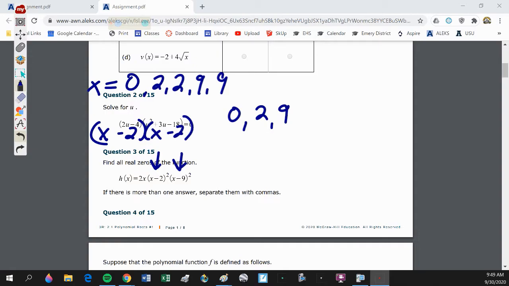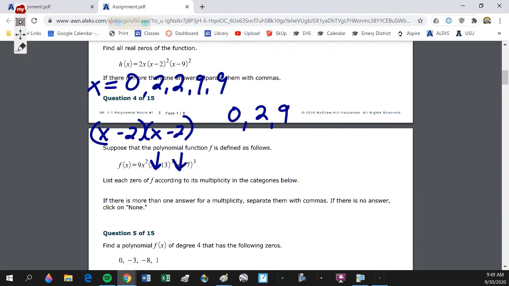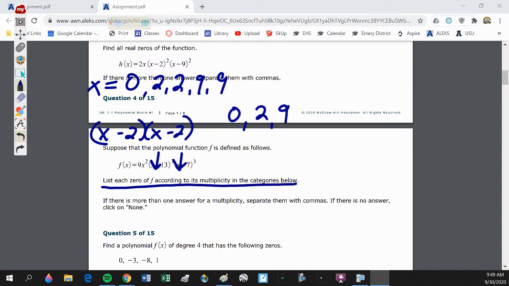So on this problem here, it says list each zero according to its multiplicity. You can't see it on this, but this is what it will say. So the multiplicity of 1. It wants to know which roots happened 1 time. And the answer would be 0.